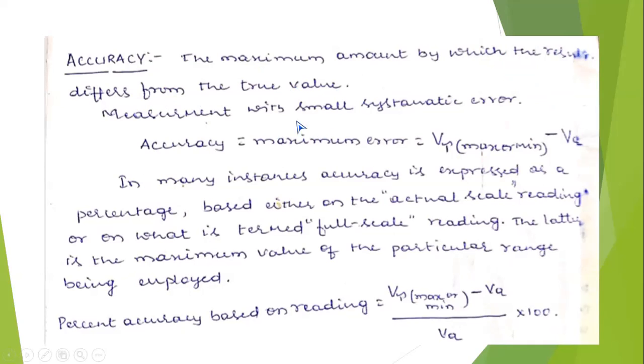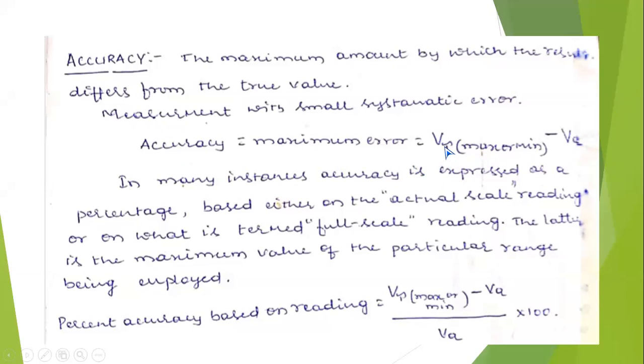That can be called a measurement with a small systematic error. If you have 20.001, which is negligible, for that reason that is known as a small systematic error. Then accuracy is defined as accuracy equals maximum error equals V_max minus V_A. V_max means the maximum reading and V_A is the actual reading.